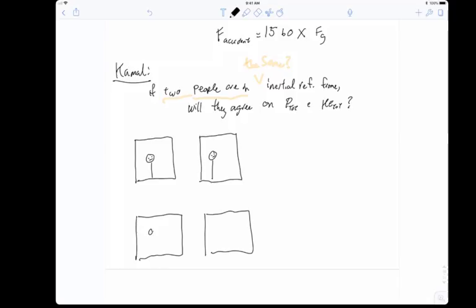Here's two more people. If they have the same velocity, stuff's bouncing into each other.